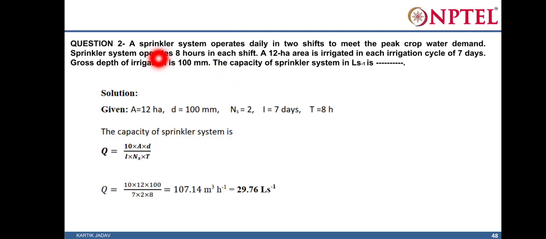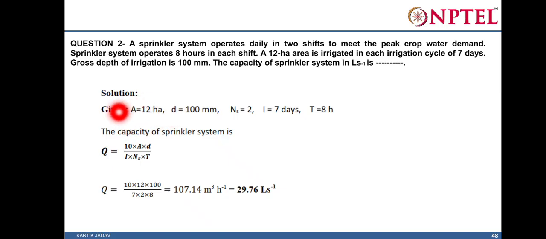Question number 2. A sprinkler irrigation system operates daily in 2 shifts to meet the peak crop water demand. Sprinkler system operates 8 hours in each shift, and a 12 hectare area is irrigated in each irrigation cycle of 7 days. Gross depth of irrigation is 100 mm. Capacity of sprinkler irrigation system in liter per second is what we need to identify.